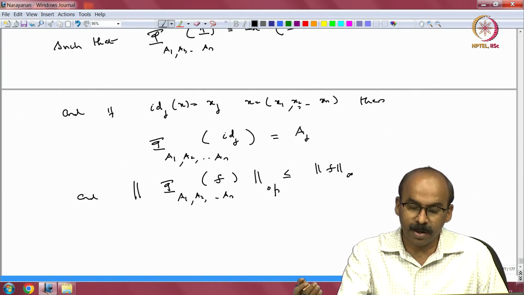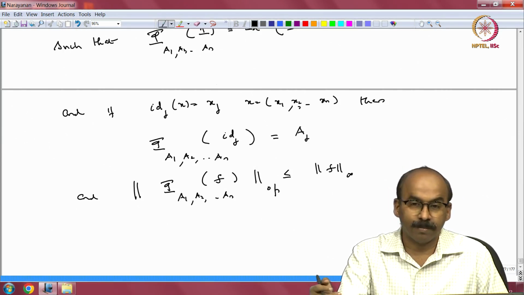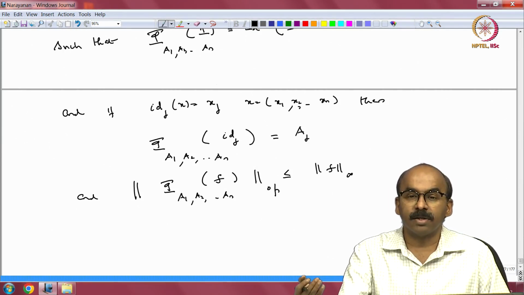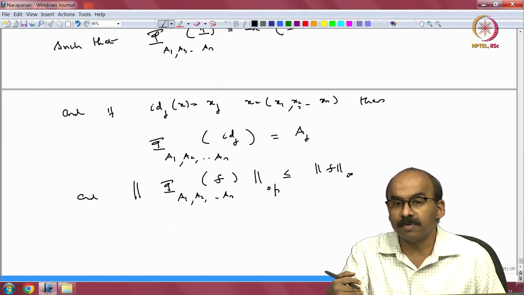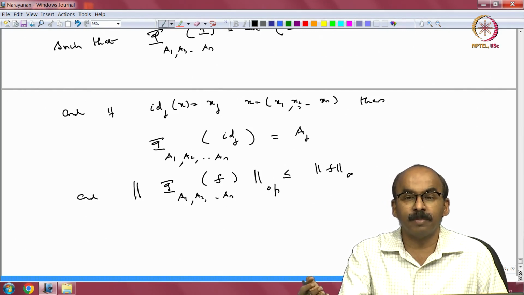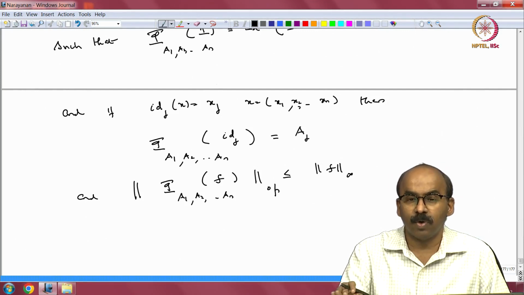Similarly, we will be able to define f of a1 a2 a3 an for any bounded function on this product space. That is the L infinity functional calculus, and that was just one step from the continuous functional calculus: define those measures and then extend it. I will give only a sketch of what needs to be done at that point.